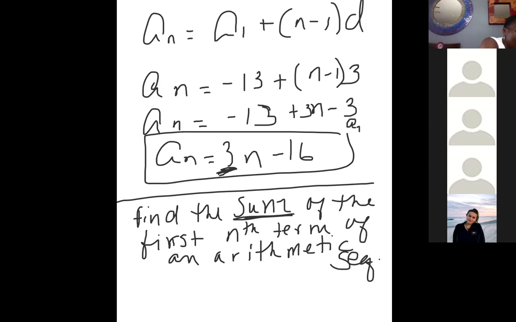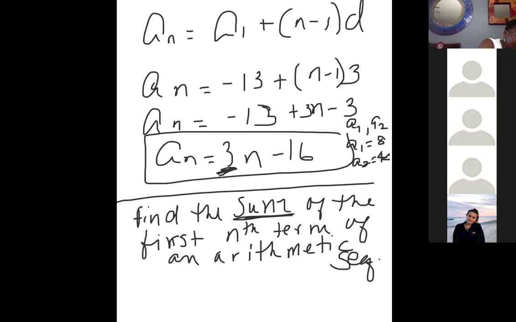If you have a1 and a2, and the value of a1 is equal to, what was it? What was the first one? Let me check your notes here. It was 8. And the value of the second one is 44.